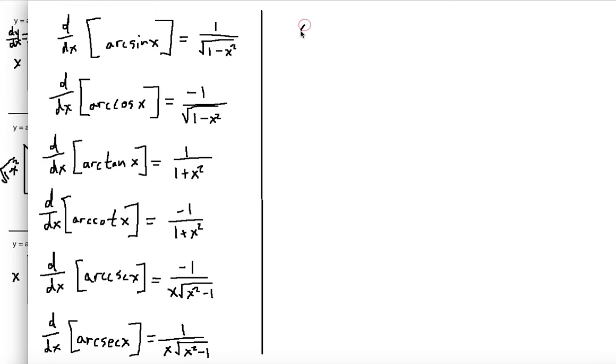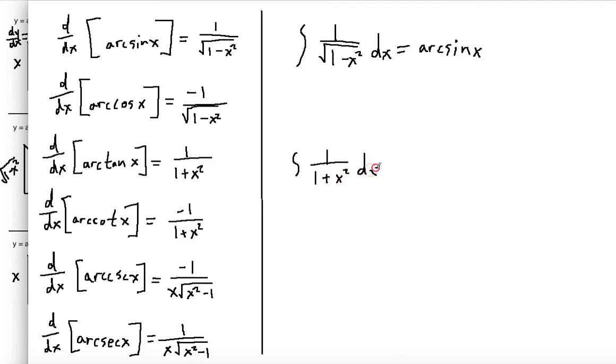This tells us that when we want to take the integral of something that looks like 1 over the square root of 1 minus x squared dx, we're going to get an arc sine out of that. When we want to take the integral of something that looks like 1 over 1 plus x squared, our answer will be in terms of the inverse tangent.